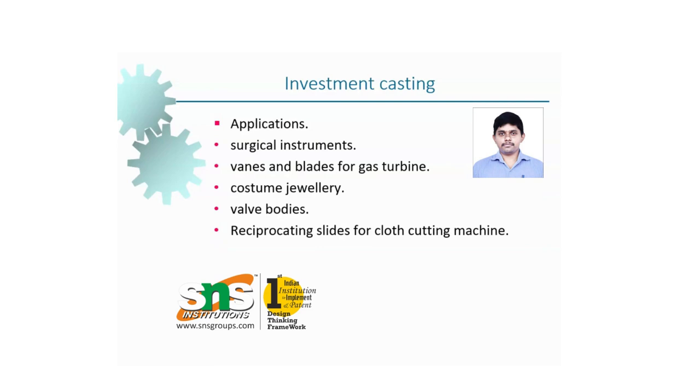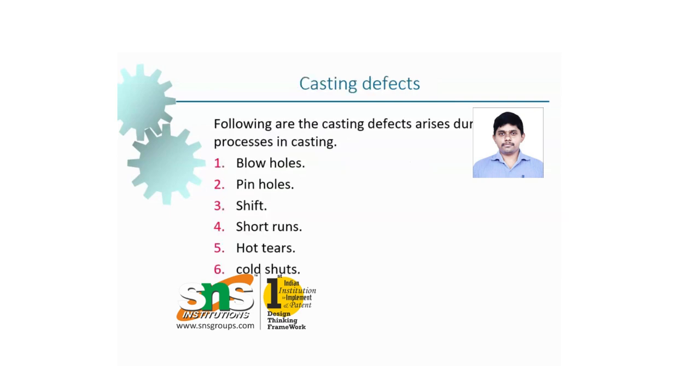Major applications of investment casting include surgical instruments, vanes, blades, costume jewelry, valve bodies, and reciprocating slides. Vanes and blades are big machinery parts manufactured with the help of investment casting.